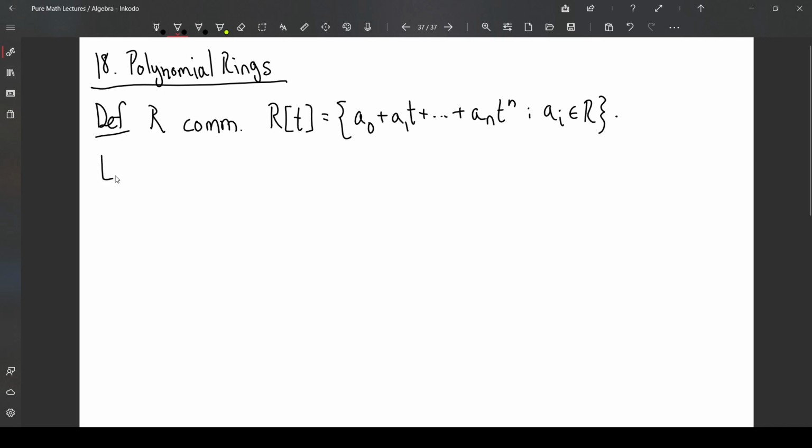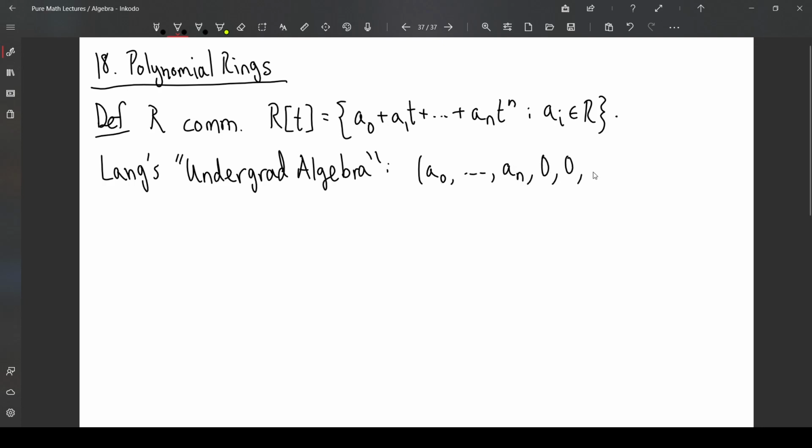For example, in Lang's undergraduate algebra, which I'm roughly following as my source for these lectures, the way he rigorously defines polynomials is as infinite vectors which have a finite amount of non-zero terms, after which everything else is zero.